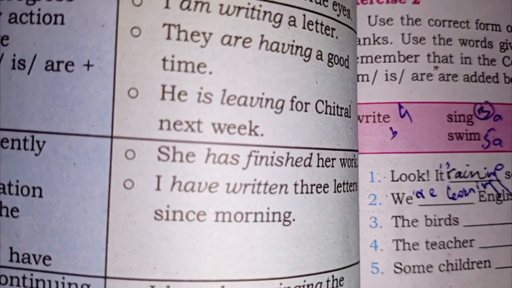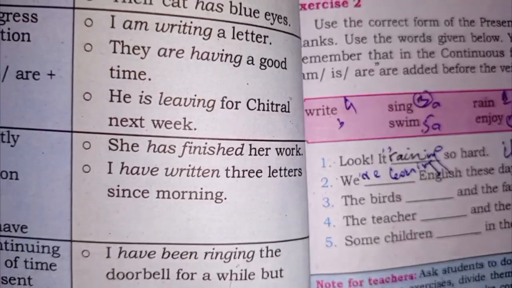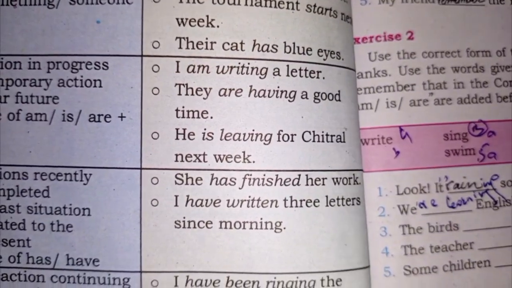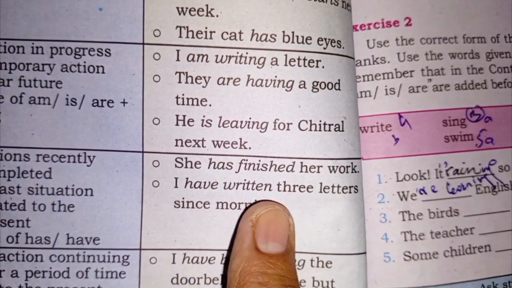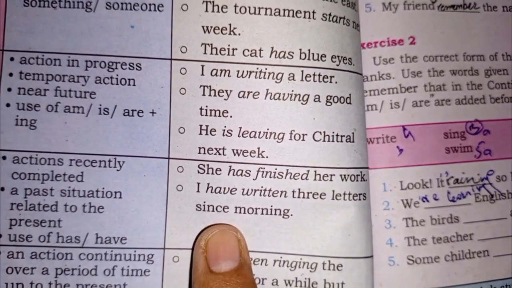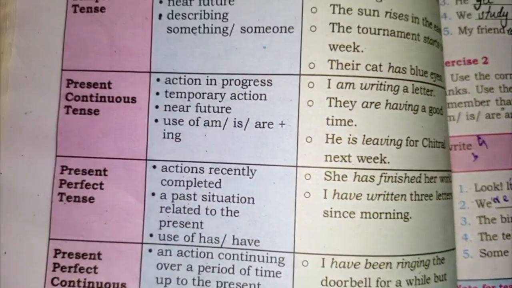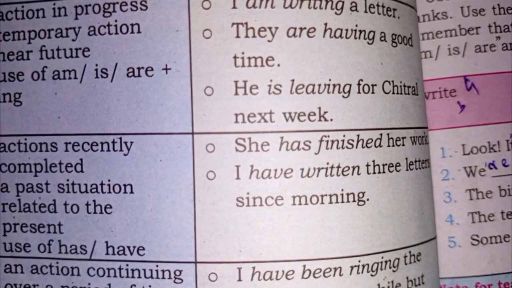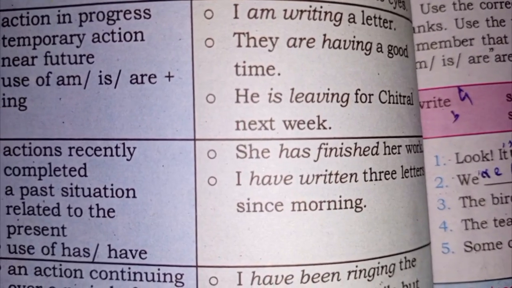She has completed her work. I have written 3 letters since morning. Here you are looking that have is used with the first person and written is the third form of the verb. Since morning: since and for are always used in the present perfect tense, sometimes to show the point of time or the period of time, but since always shows the point of time when the work was done.